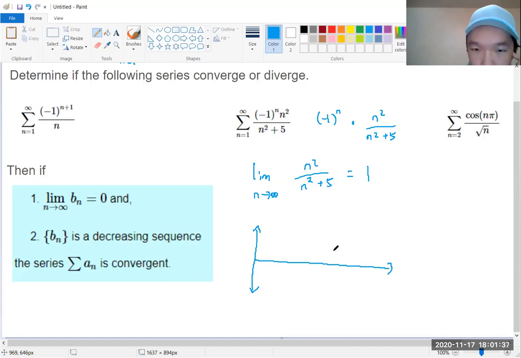So if we were to go towards 1, and then we consider the fact that it alternates, your graph will look something like this. So here's 1, here's -1. As you go further and further in, you'll have 1, -1, 1, -1, 1, -1, and it'll get closer to 1 and -1. So based off of this, can you guys see what the answer would be?